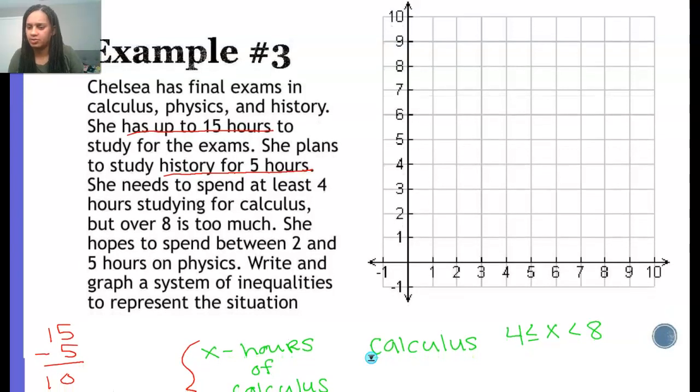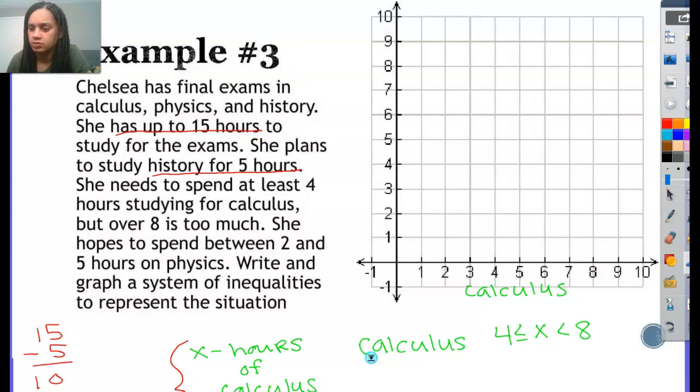So let's go ahead and label our axes. The X-axis would represent calculus, the number of hours of calculus, and that's between 4 and 8.